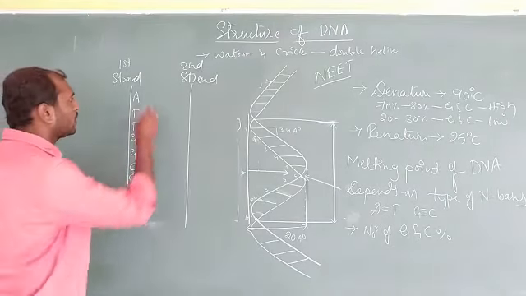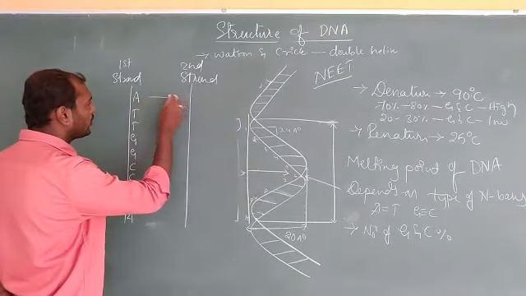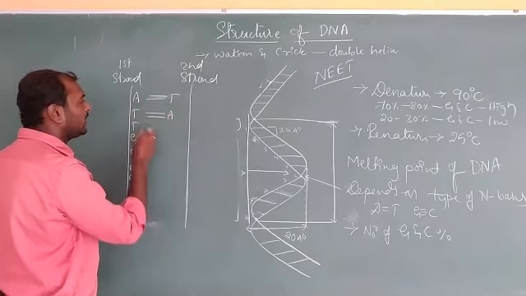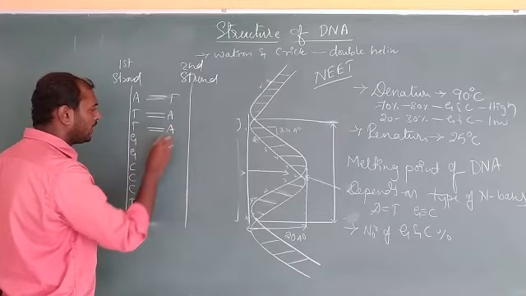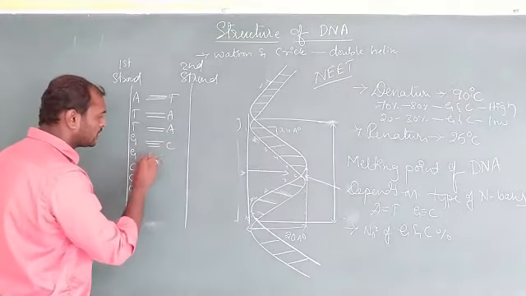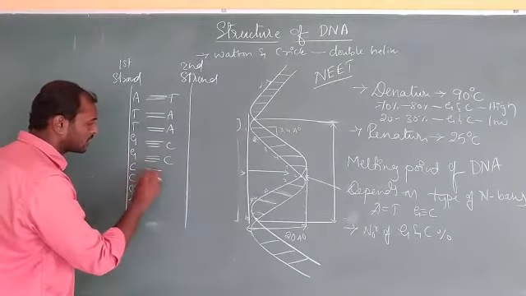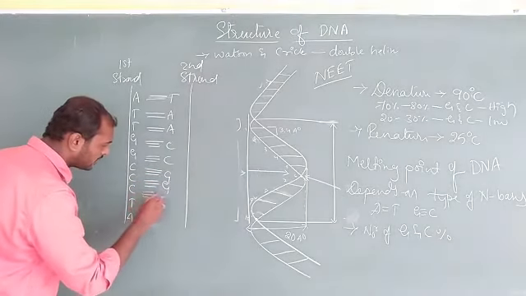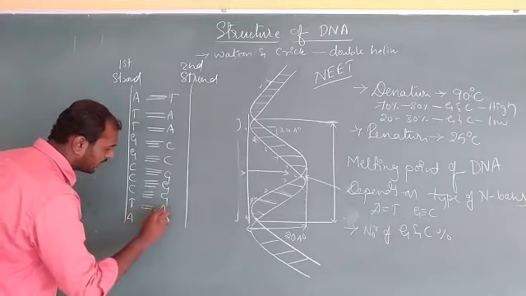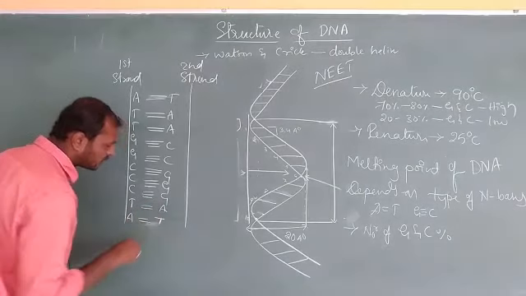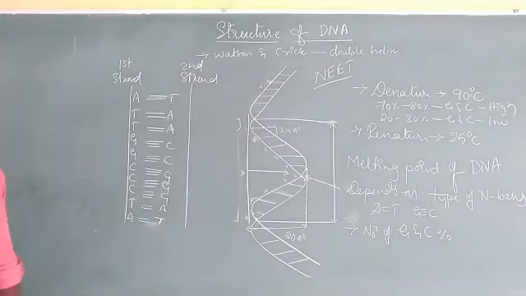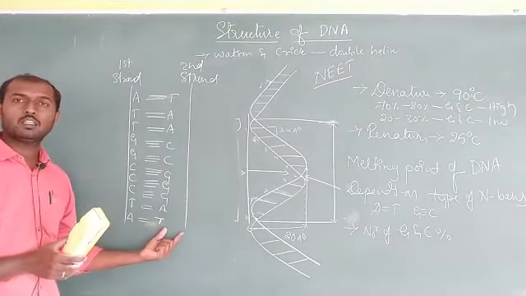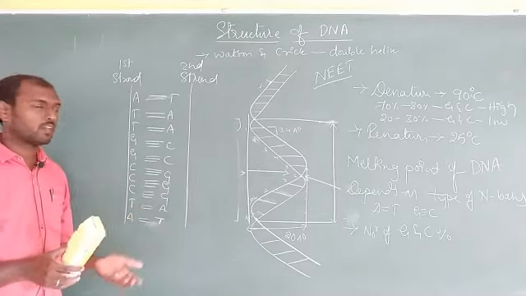Because A is going to bind with T, T with A, T with A, G with C, G with C, C with G, C with G, C with G, T with A, and A with T. So by knowing one strand, we can predict the other strand accurately.